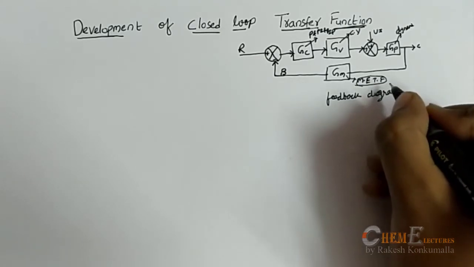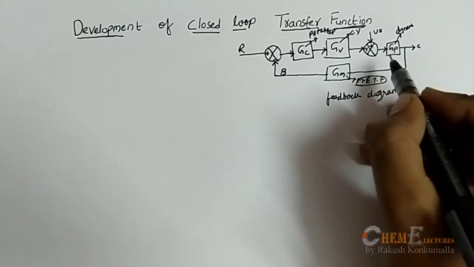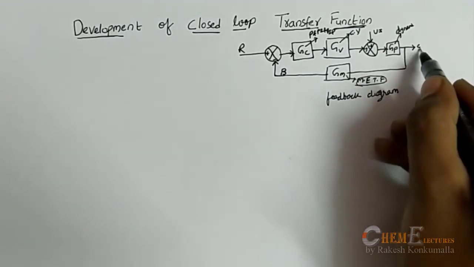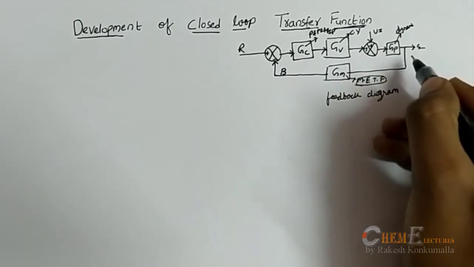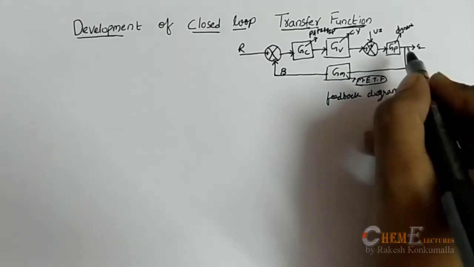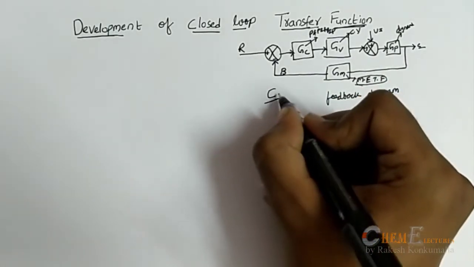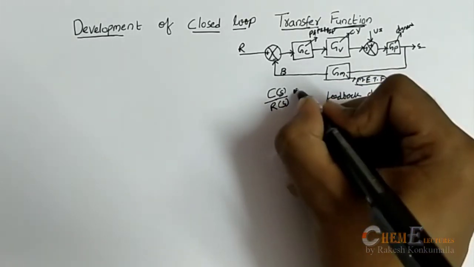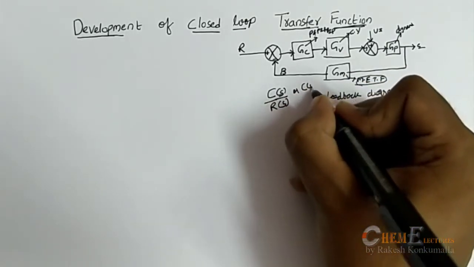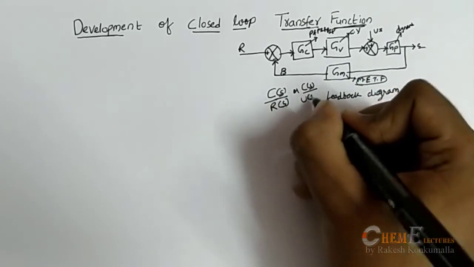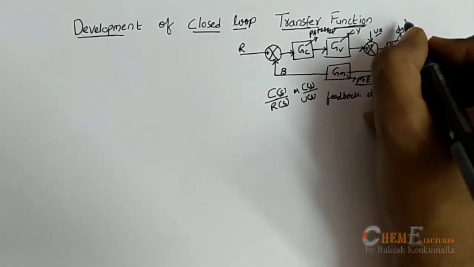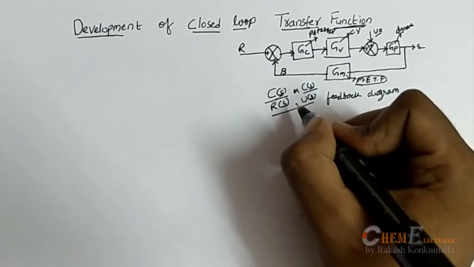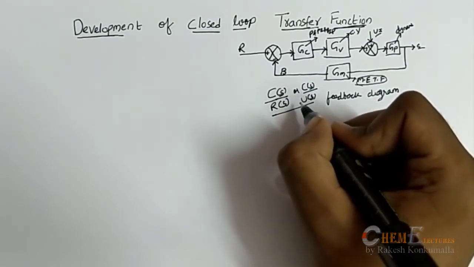Now we are at a point to extract this transfer function in terms of the deviation variables, C of S by R of S or C of S by U of S, that is load. How to derive this? That's what we will discuss here, the development of the transfer function.